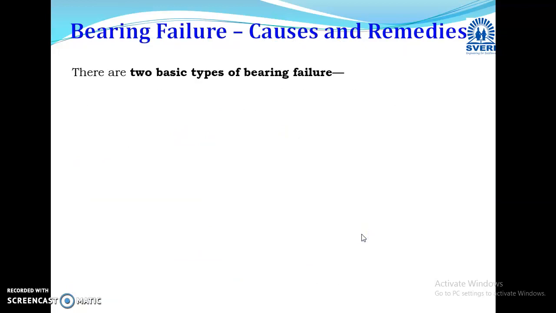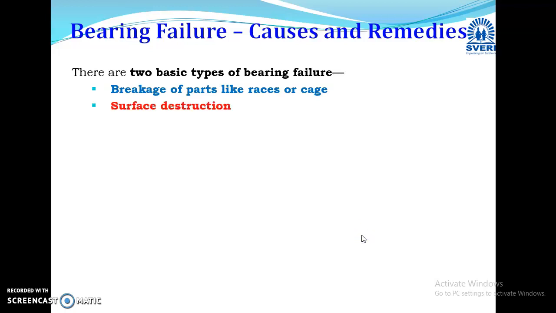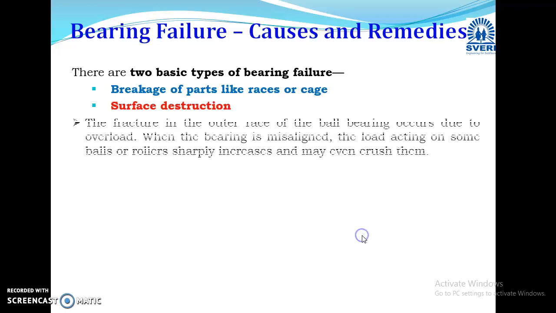Now the next very important topic, bearing failure. What are the main types of failure, and what are their causes and remedies? There are 2 basic types of bearing failure: breakage of parts like races or cage, and surface destruction. If we concentrate on the first, breakage of parts, it may be the inner race, outer race, cage or balls. Why does it occur? Fracture in the outer race of the ball bearing occurs due to overloading.